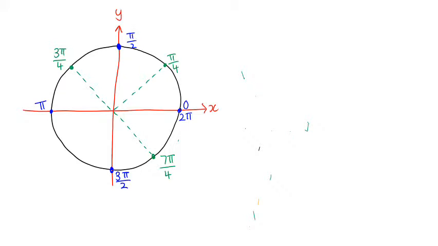Let's try about here. Right, so imagine that your first quadrant is cut into 3. What do you think this one here is going to be? No, pi on 3.